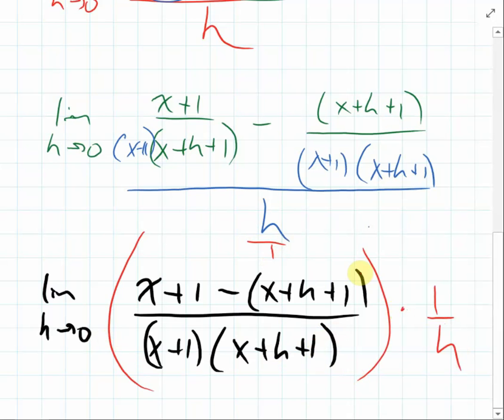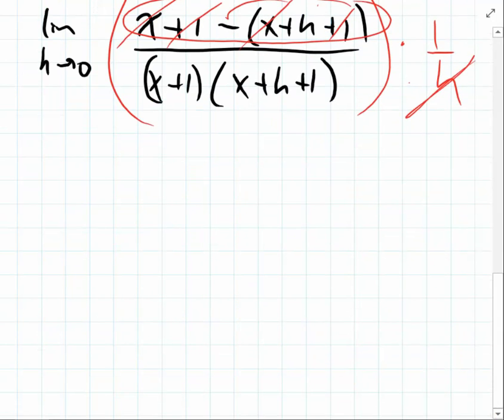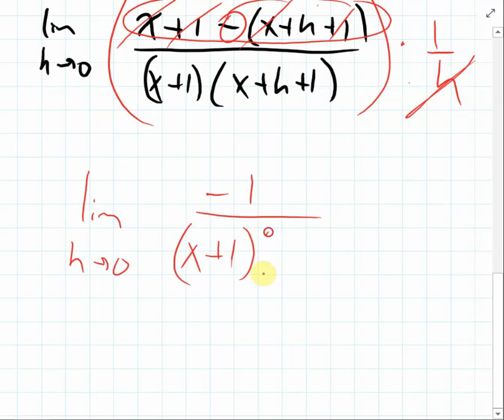And so when you look at this numerator here, these x's are canceling, the 1's are canceling, there's a minus h. So that minus h is going to cancel here with this h, leaving you with not a 1, but a minus 1, right? There's still that negative right here. So I'd have negative 1 over x plus 1, x plus h plus 1.